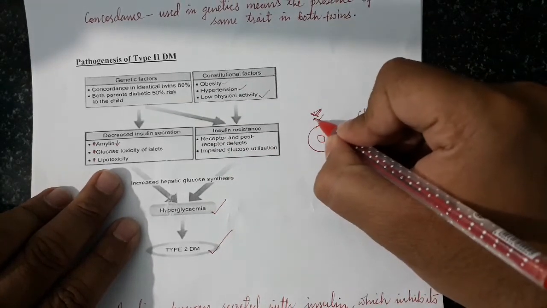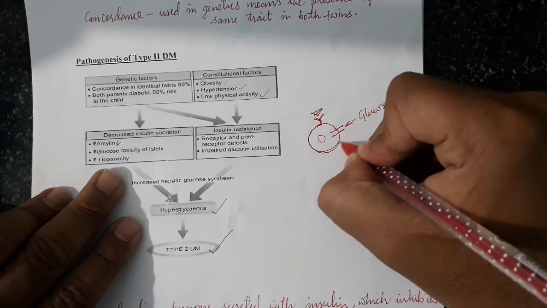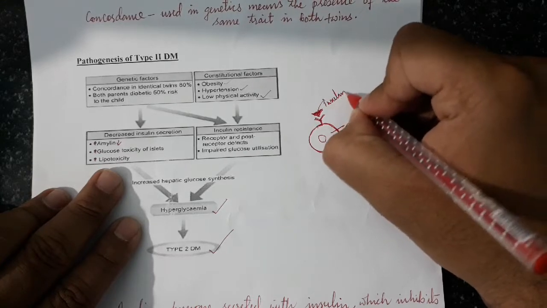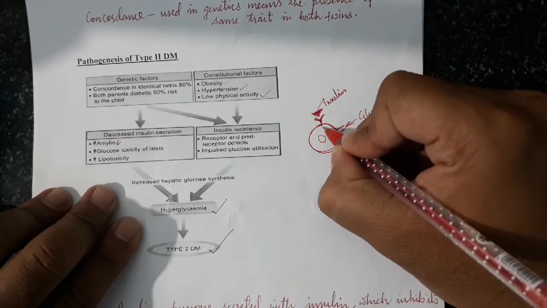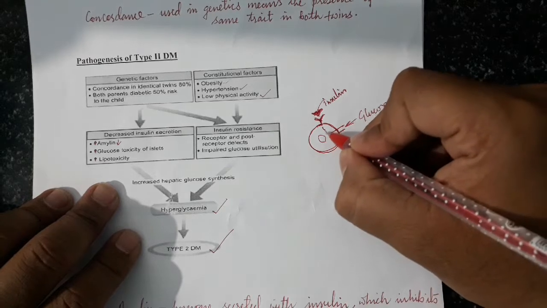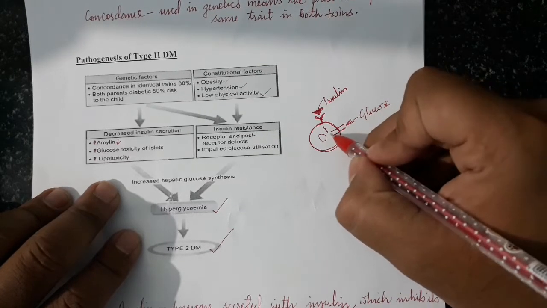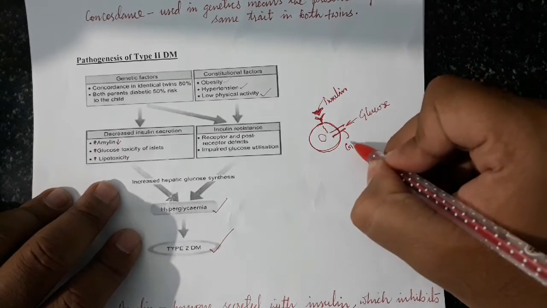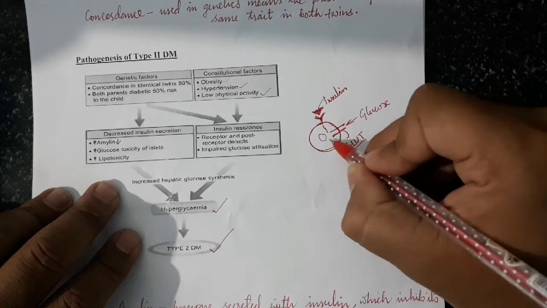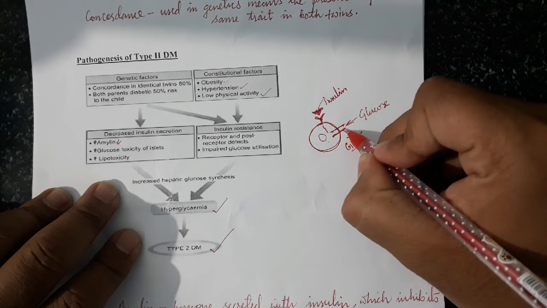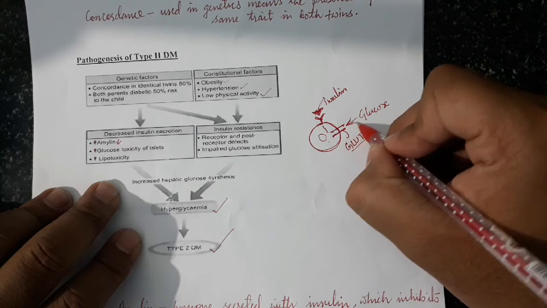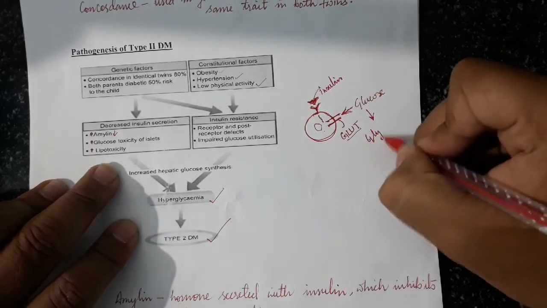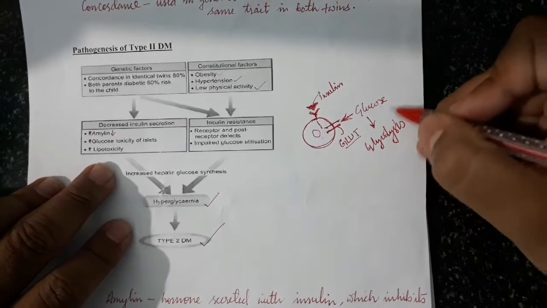It is nothing but the glycoproteins present on the surface of the cell, on which the molecule insulin comes and binds on the insulin receptors, and there is a signal change inside the cell which leads to opening of a transporter called glucose transporter from the cytoplasm. It comes and binds to the cell membrane, by which the glucose gets inside the cell, and it undergoes a process called glycolysis.